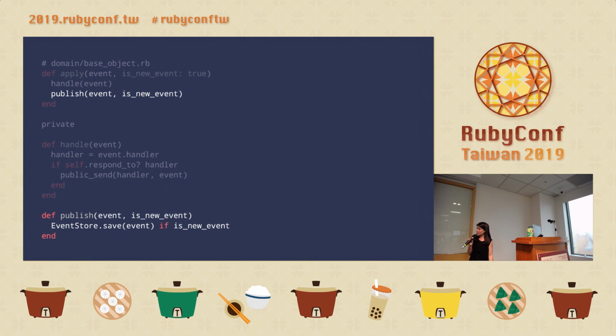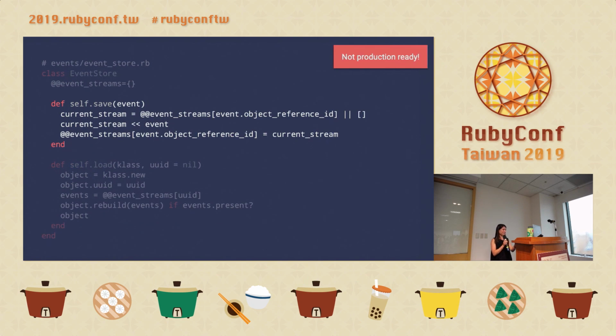Okay, so let's dig into what this event store is doing. I know that some of you probably can't see the bottom, so it'll be available later. Okay, so we're going to look at the event store class. What I'm doing here with the event store class is really just to show you what the interface of an event repository might look like and how you might interact with it.